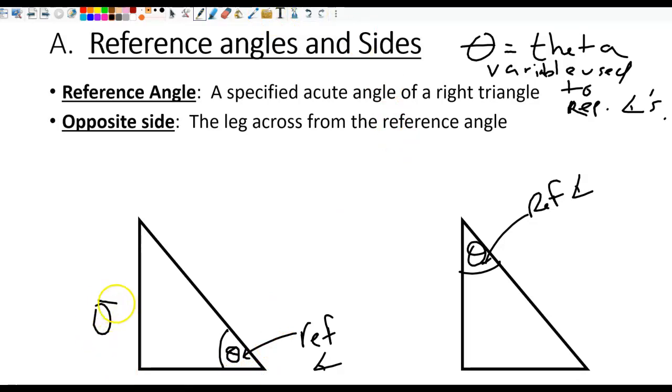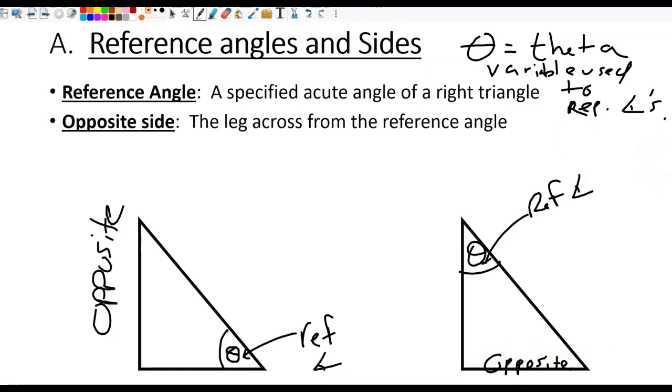So I would call this side here my opposite side, because it's opposite from the reference angle. Look over here at this one. Which one do you guys think I would call the opposite side on that triangle? It's the leg that is farthest away from the reference angle, and so therefore it would be this one down here.